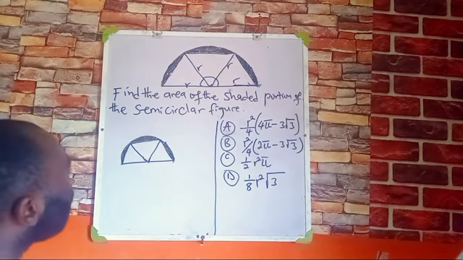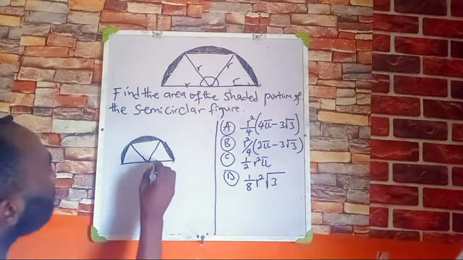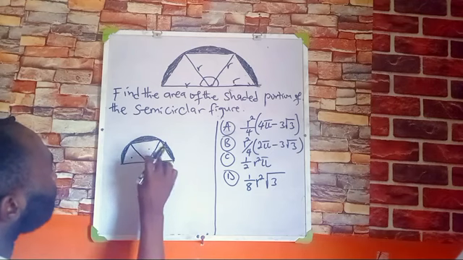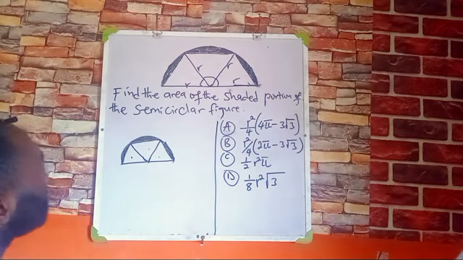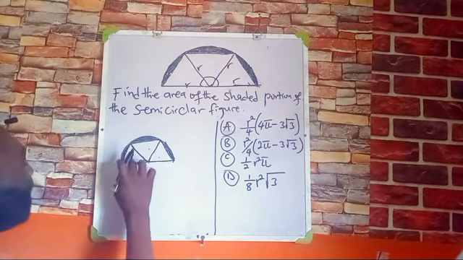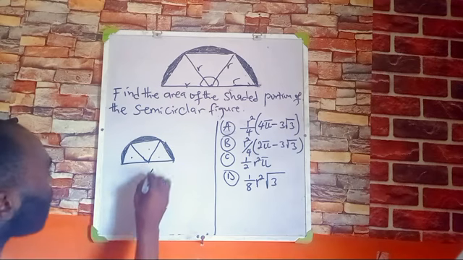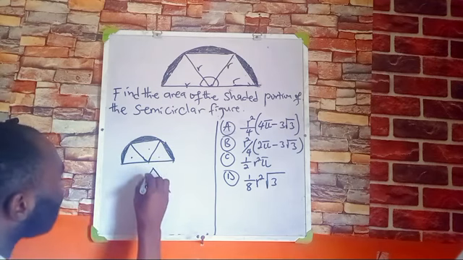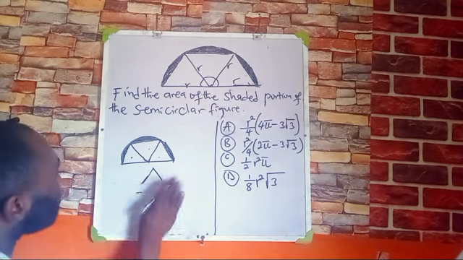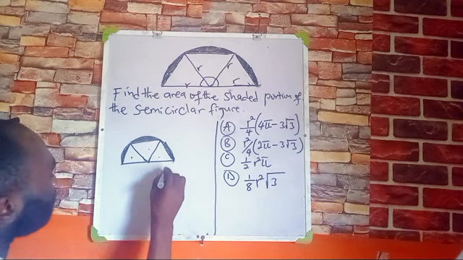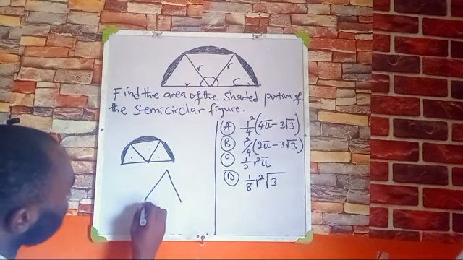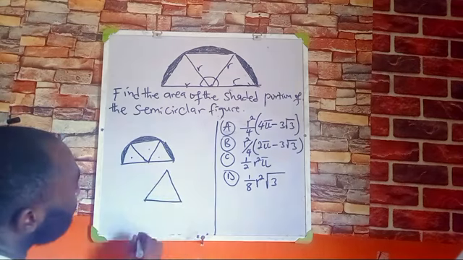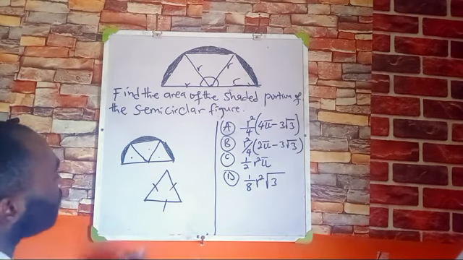If you look at this, you discover that we have three angles: the first, second, and third. And if you observe, you will discover that these three angles are the same. We call this an equilateral triangle. And what is an equilateral triangle? An equilateral triangle has three equal sides.